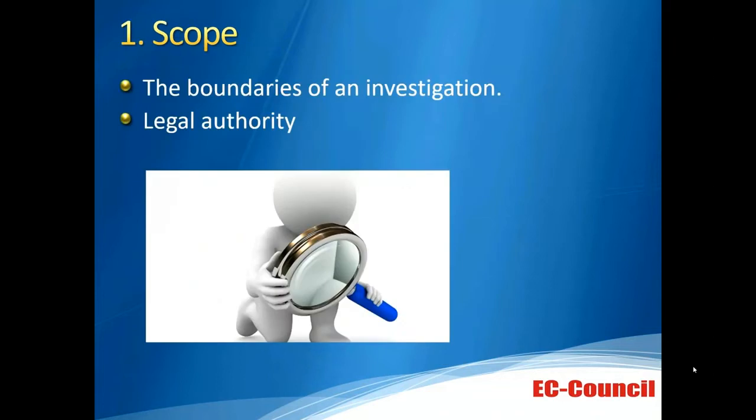Then, first of all, the scope of an investigation is the boundaries thereof. If you move outside the boundaries, it is illegal and you potentially risk contaminating any evidence collected. I just want to state that you must have legal authority to conduct any of these data collection methods.